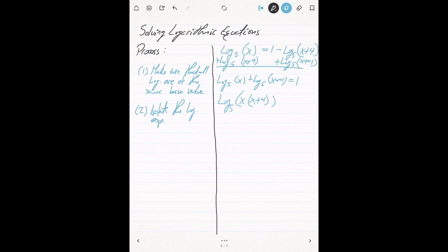So let's go ahead and multiply the x and the x plus 4. We should end up with a quadratic here: x times x is x squared, and x times 4 is 4x, and that's equal to 1.